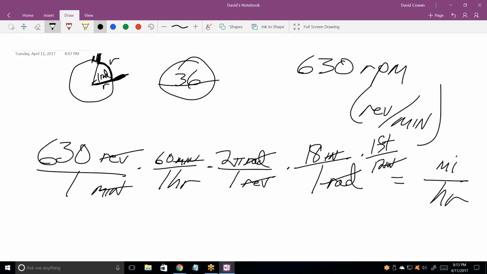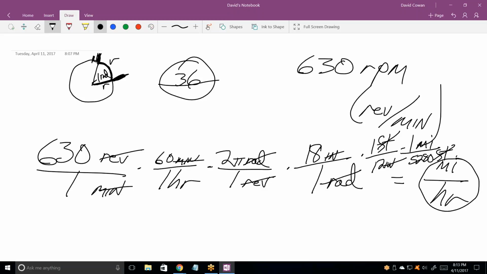And at the moment we have feet per hour. Well, there's also 1 mile per 5280 feet. Now the feet go away. And we end up with miles per hour. And remember, that's the secret, is to end up with the units you want.